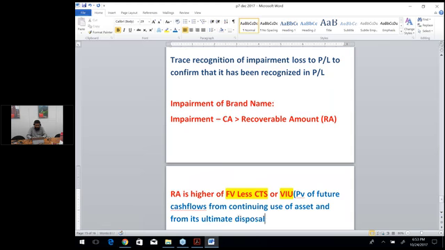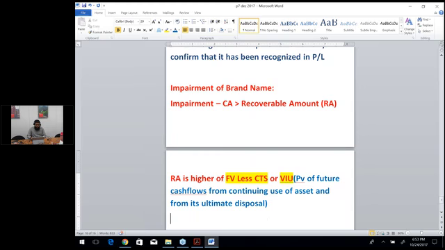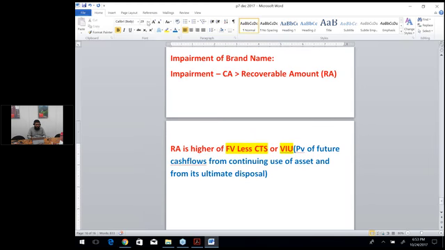So now, whenever the risk arises, you need to think what could go wrong. If I list down the various risks, number one is that the fair value is incorrect. Number two, the future cash flows are incorrect.